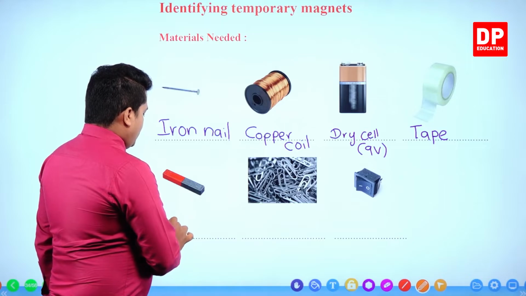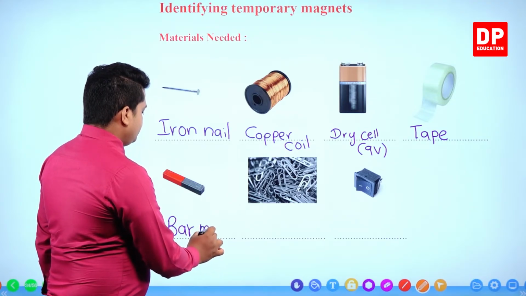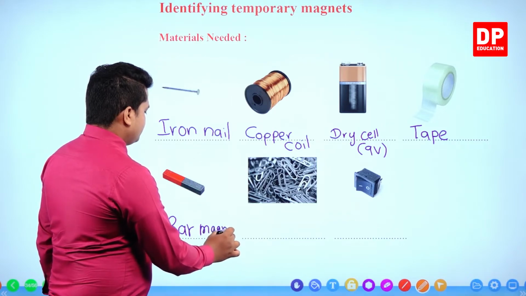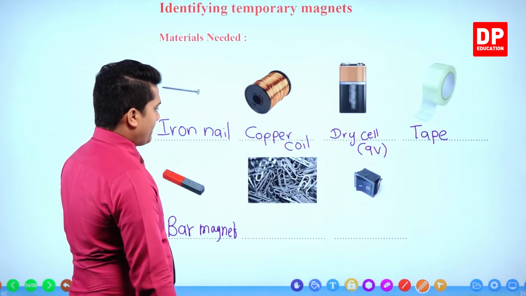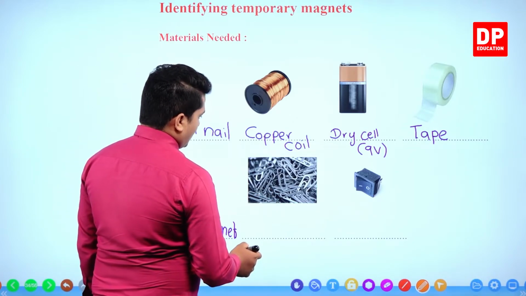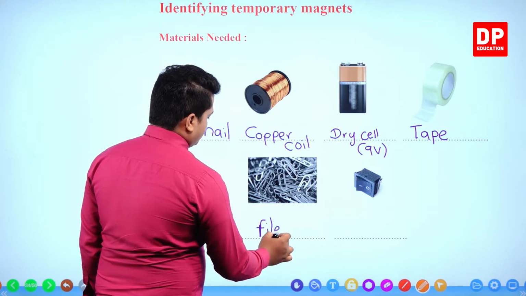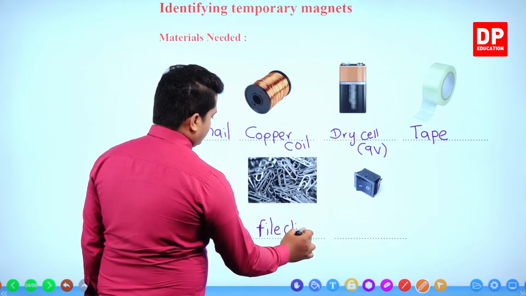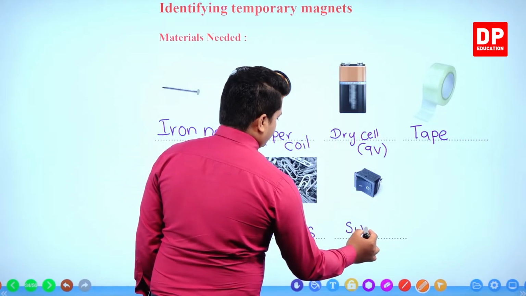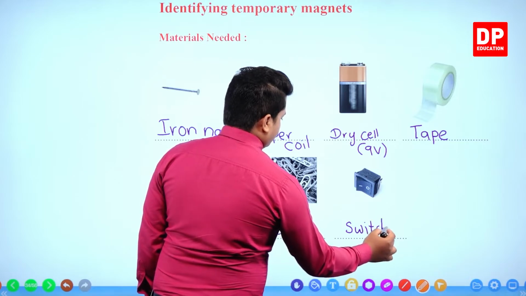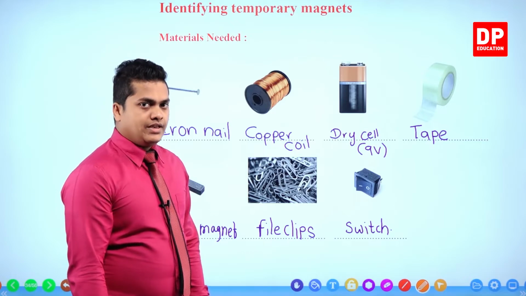Then we need a bar magnet, file clips, and a switch. So these are the materials which we need.